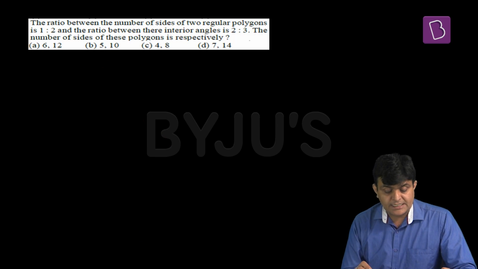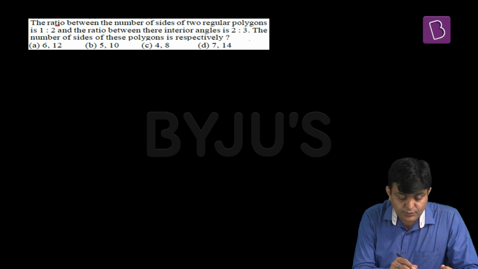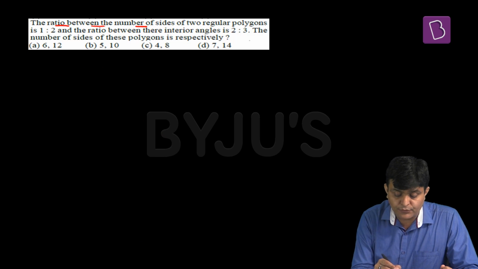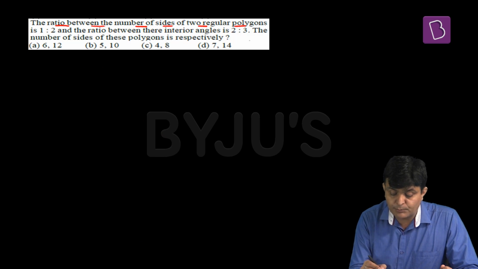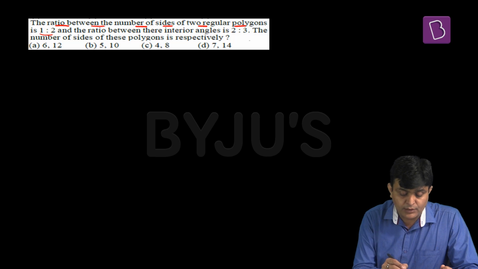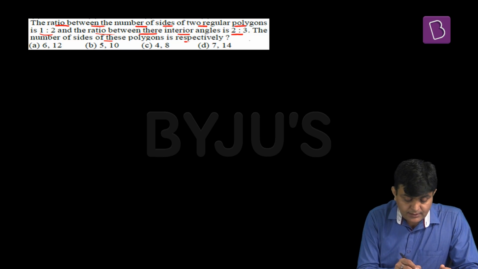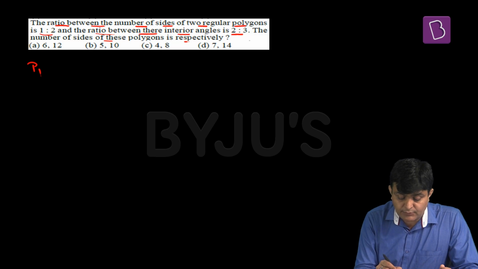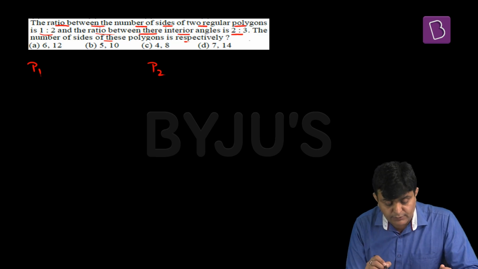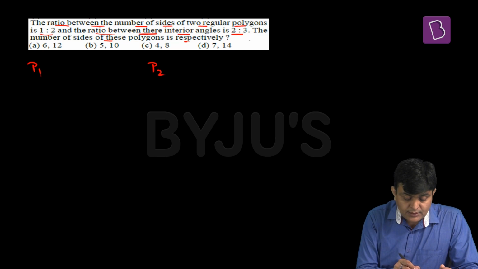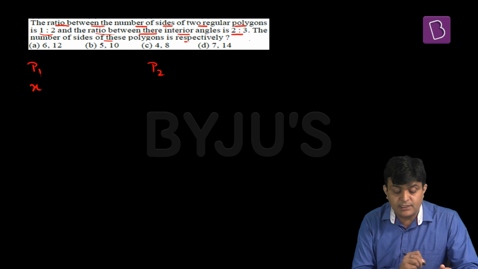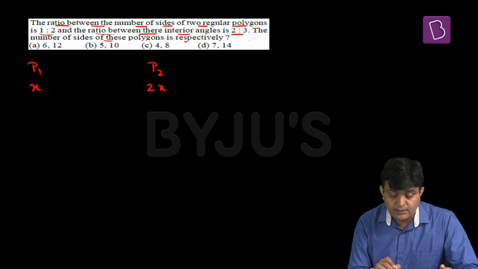Another interesting example is, the ratio between the number of sides of two regular polygons is 1:2, and the ratio between their interior angles is 2:3. Find the number of sides of these polygons respectively. Let P1 be the first regular polygon, P2 be the second regular polygon. So the sides of the first regular polygon is x, so the sides of the second regular polygon is 2x.